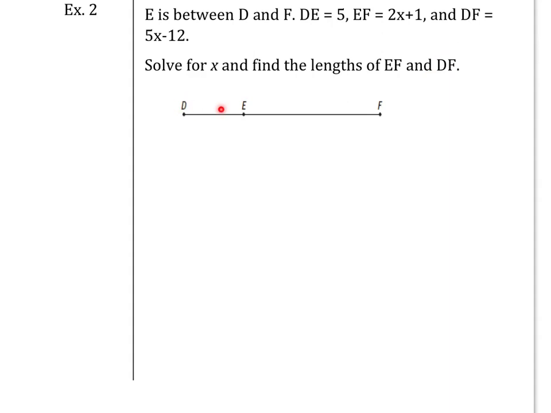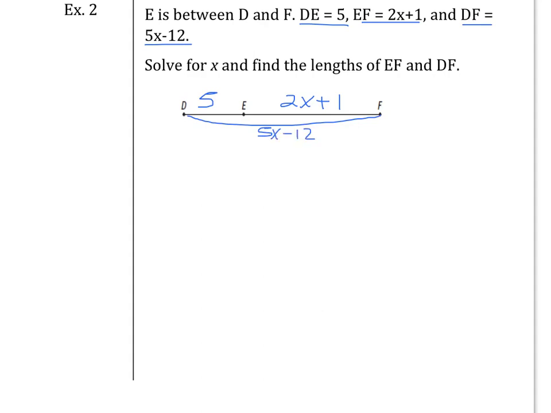So let's label. We're told that DE is 5, EF is 2x plus 1, and DF is 5x minus 12, so the whole segment is 5x minus 12.